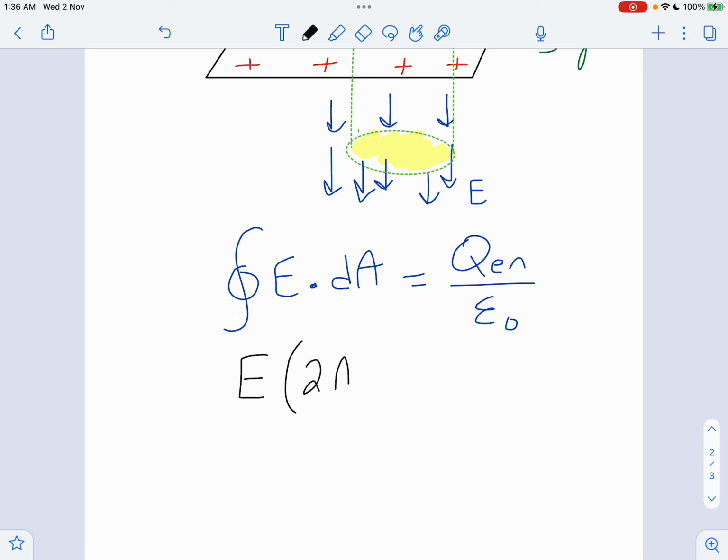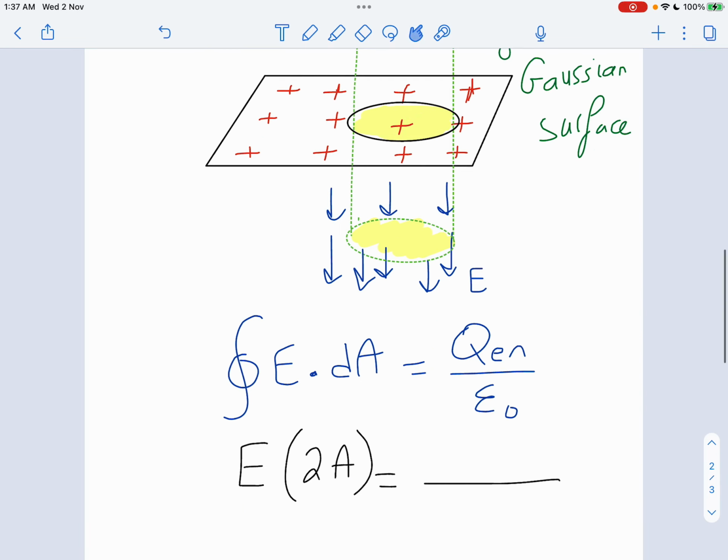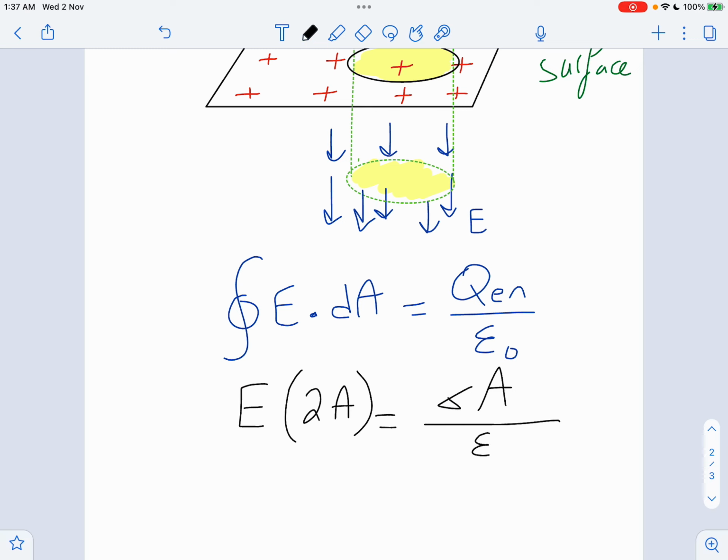So it's 2 multiplied by A. Q enclosed is simply the charge in that part, and the charge in that part is equal to sigma, the surface charge density, multiplied by the same yellow area, A. So Q is sigma multiplied by A, over epsilon 0. So E becomes, A and A cancel, sigma over 2 epsilon 0.